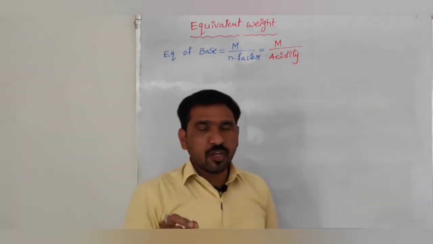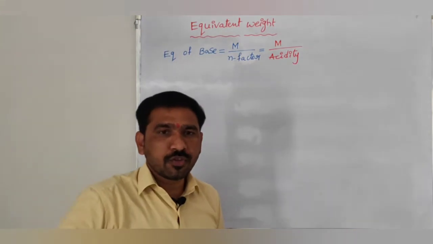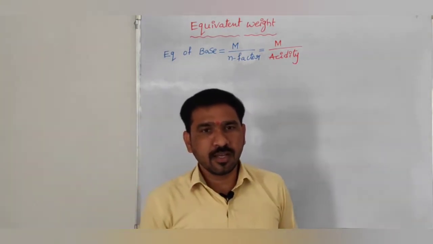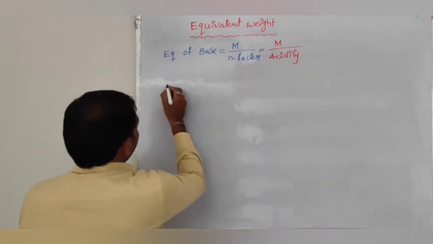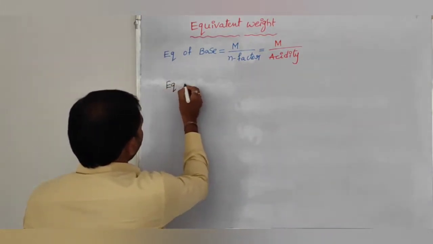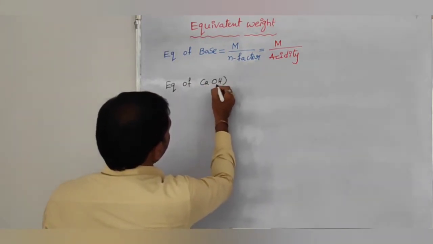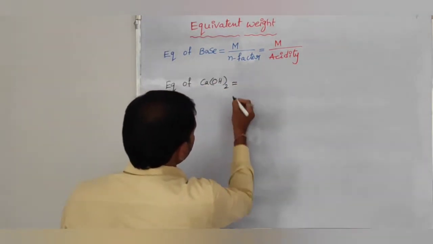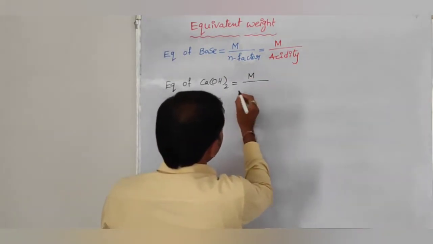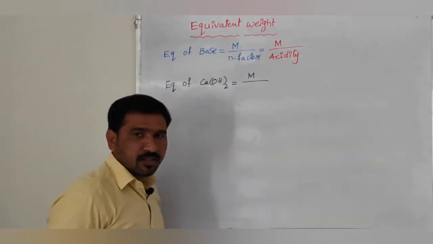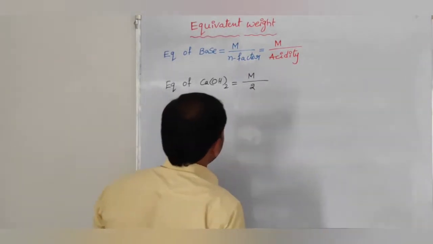It means the number of OH groups present in the base or the number of OH groups donated by the base. Right? For example, here the equivalent weight of calcium hydroxide is equal to what? The molecular mass of calcium hydroxide M divided by the n factor. Here how many OH groups are there in this one? 2. Therefore, n factor equal to 2.